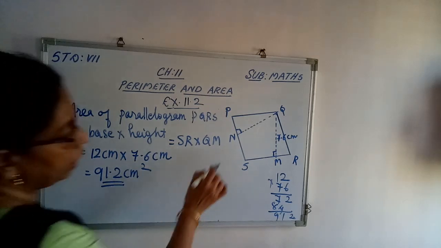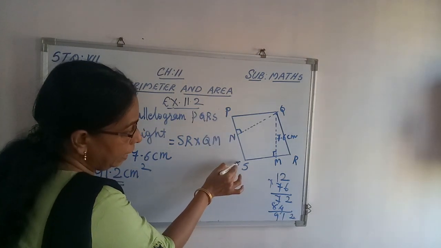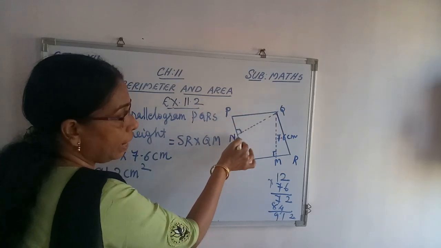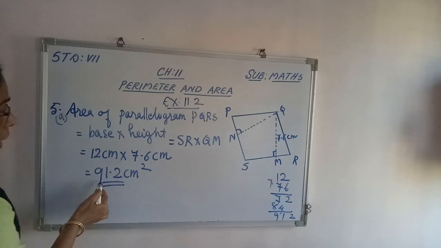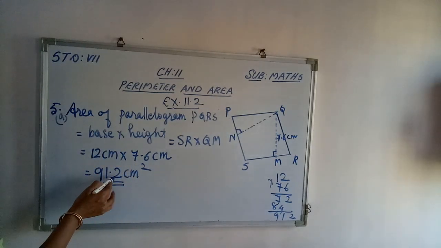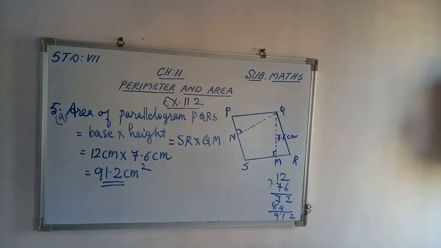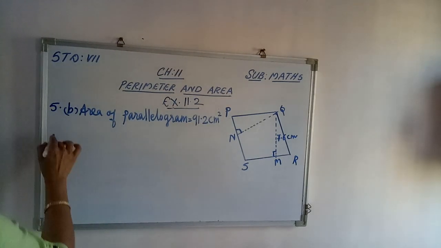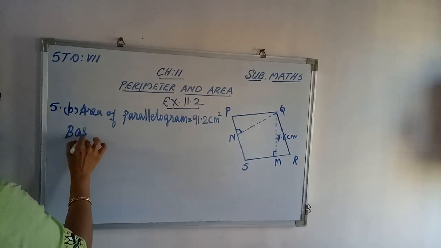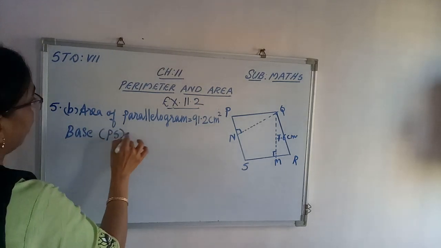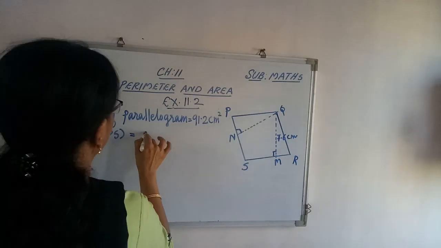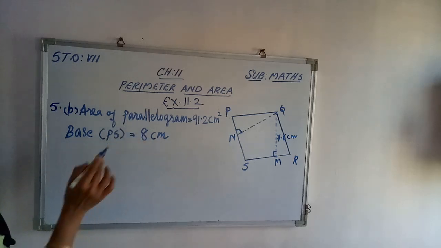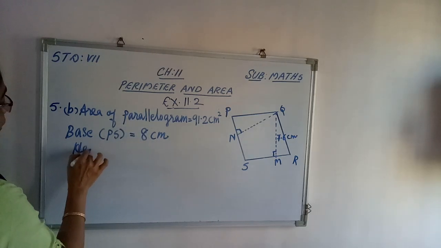Now one more question is there: you have to find QN if PS is given as 8 centimeter. PS is the base, QN is the height, and we already know the area of the parallelogram as 91.2 that we have calculated.